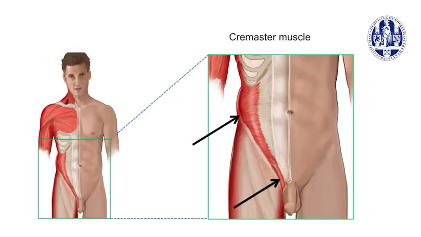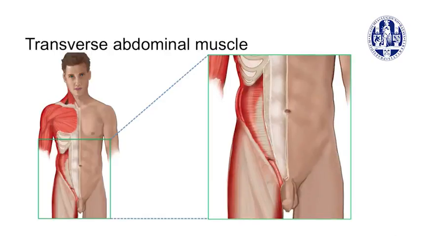The third, most inner lateral abdominal muscle is the transversus abdominis, with a more horizontal course of its fibers. Its aponeurosis also joins the other tendinous tissues of the lateral muscles, forming the rectus sheath.